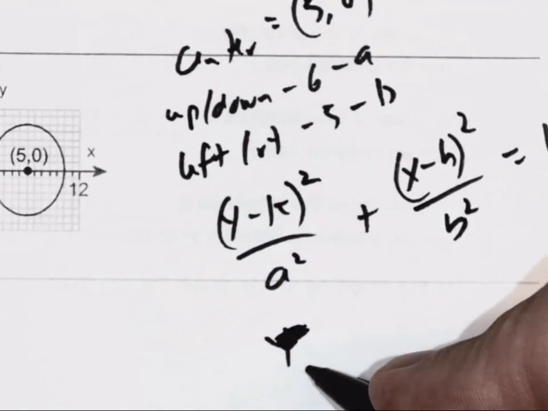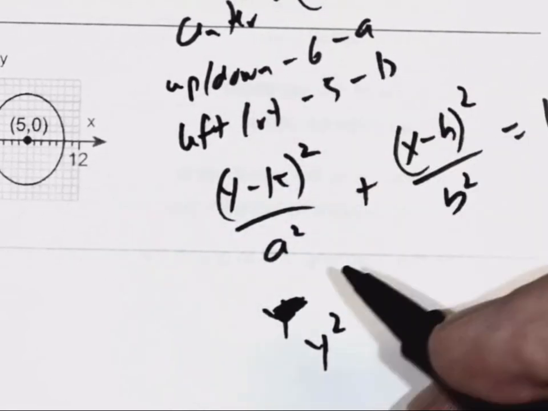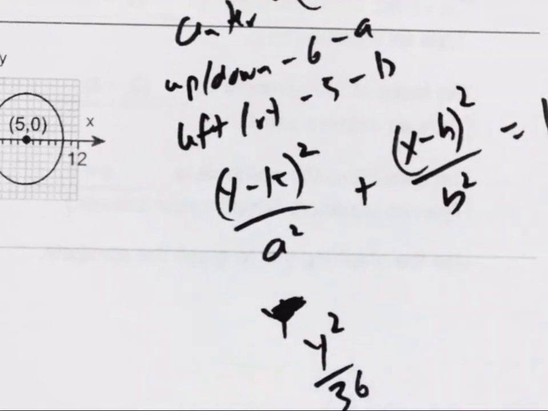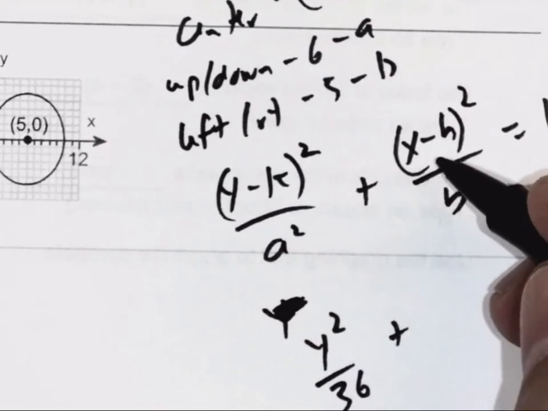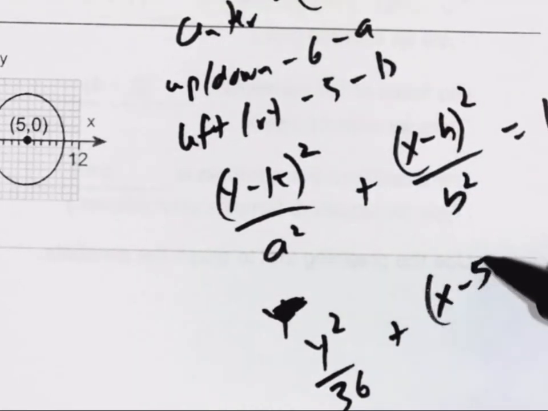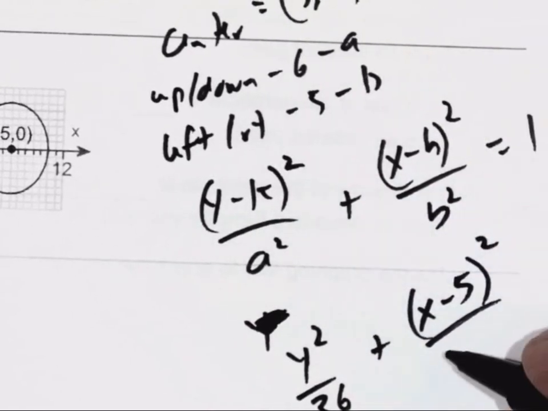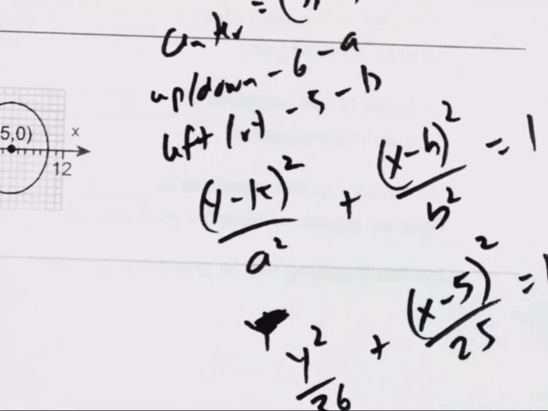Y minus 0, so it's just going to be y squared over a squared. A is 6, so it's 36, plus x minus h, h is 5, over b squared, b is 5, and this is in fact correct.